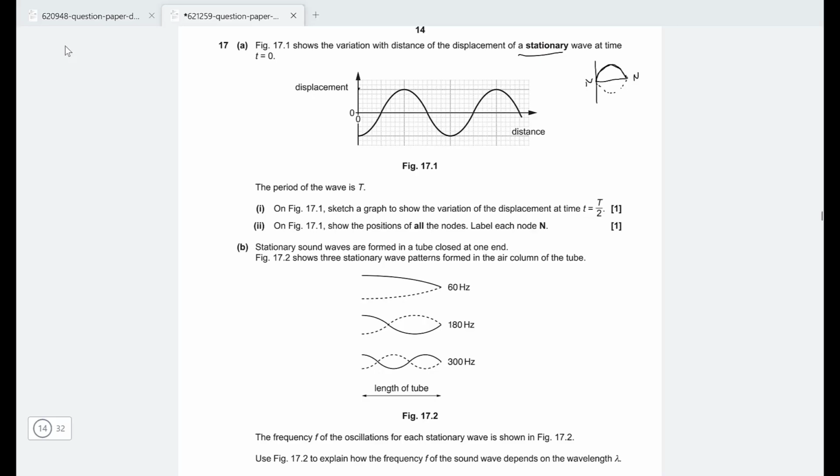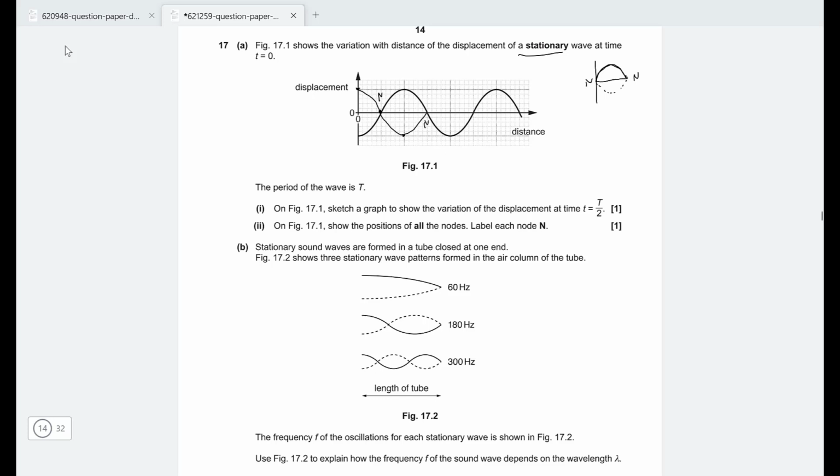So we must sketch the variation of the displacement at time t is equal to time period over 2. So let's just do that carefully, and we must also be labeling all the nodes with N. So this here is a node just here, and we're going to have an antinode there. So let's just carefully draw those. It's a little bit trickier on a digital whiteboard, by the way, guys.